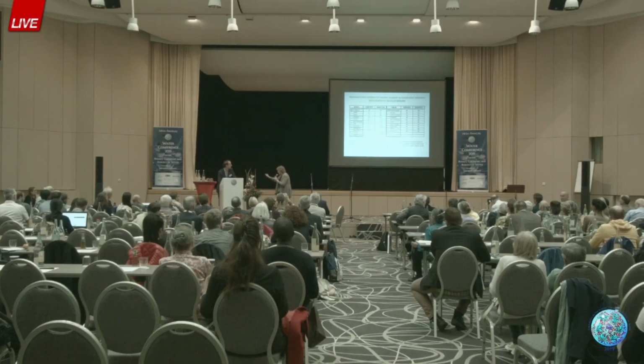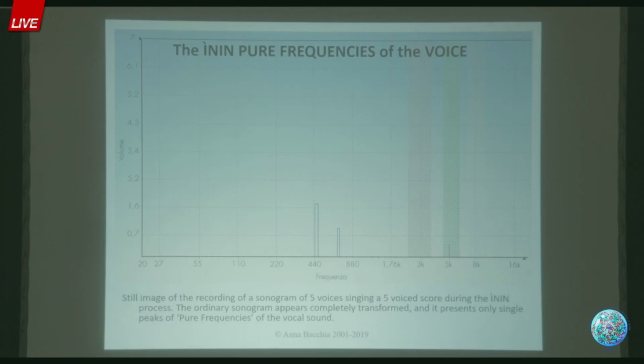If one voice presents only 2 or 3 single peaks, the extraordinary effect is that here there are 5 voices, a choir singing, and the microphone registers only the 2 pure peaks of voice, when they are in the intuitive intelligence, practicing that kind of non-linear communication.